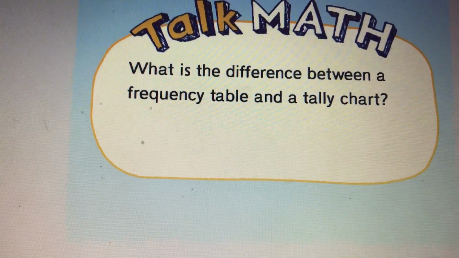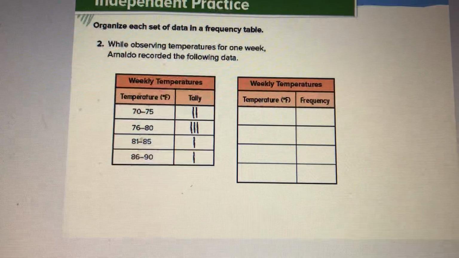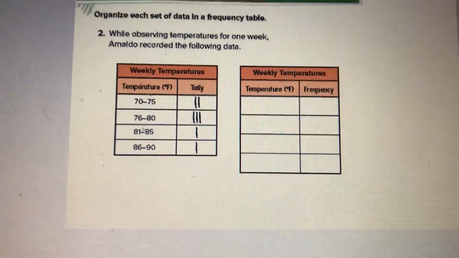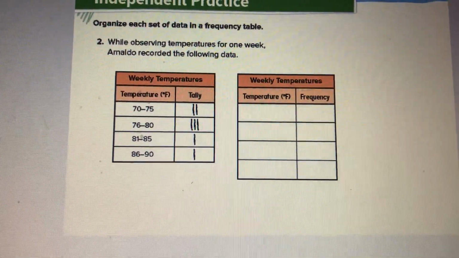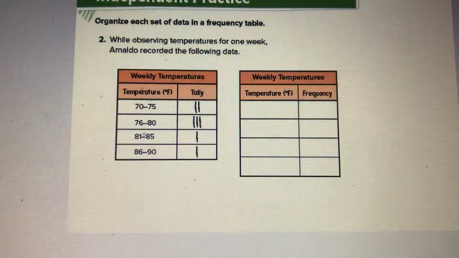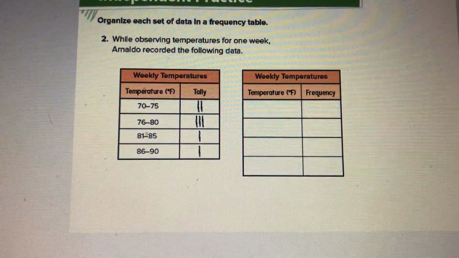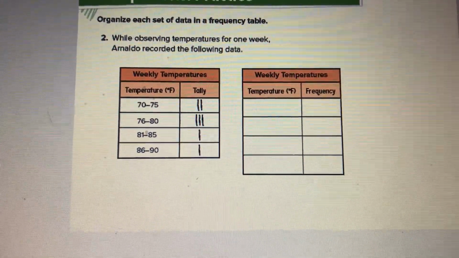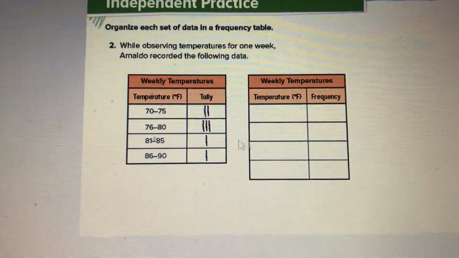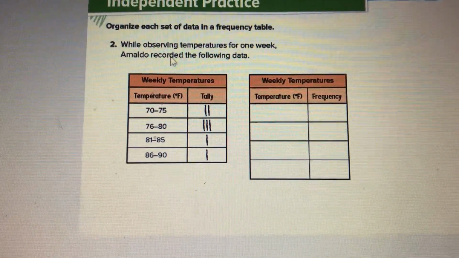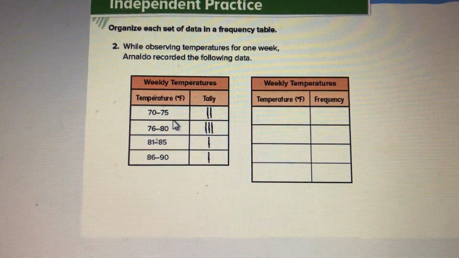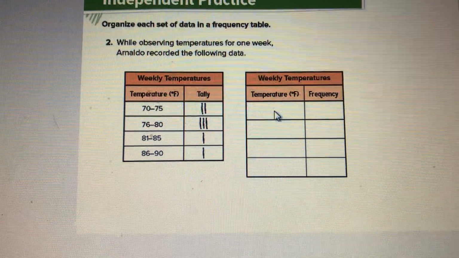Okay, difference between a frequency table and a tally chart. Well, we're going to look right now. So organize each set of data in a frequency table. While observing temperatures for 1 week, Arnaldo recorded the following data. So we're going to look at this tally mark chart right here, 70 to 75. So when I come over here, I'm going to make a frequency table.